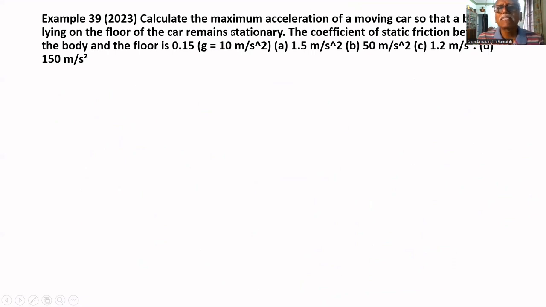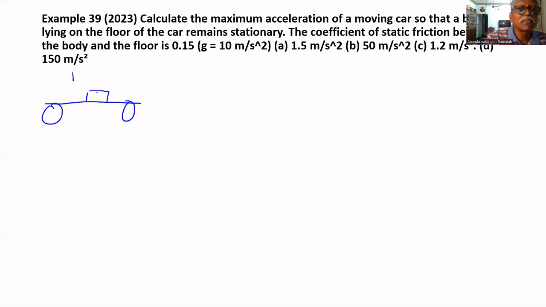Calculate the maximum acceleration of a moving car so that the body lying on the floor of the car remains stationary. A car is moving. On its floor, one mass is there. It should remain stationary.